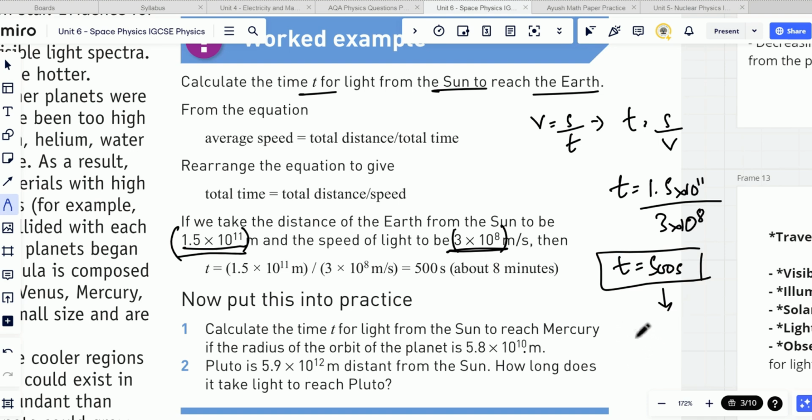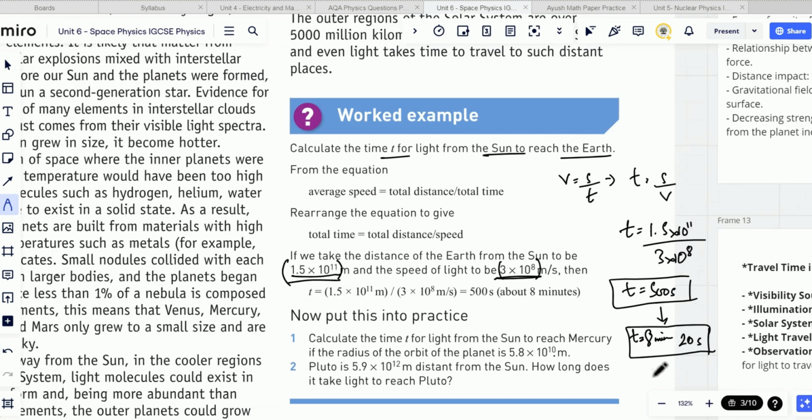When you convert it into minutes, it will give you around 8 minutes 20 seconds. So around 8.3 minutes, or 8 minutes 20 seconds, is the time it takes for sunlight to reach earth.